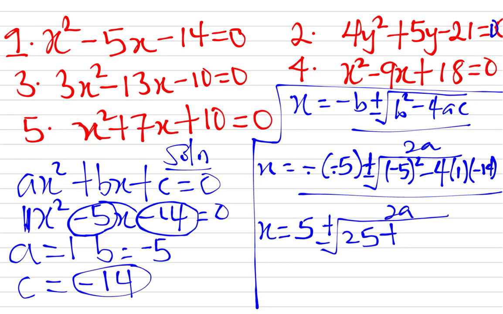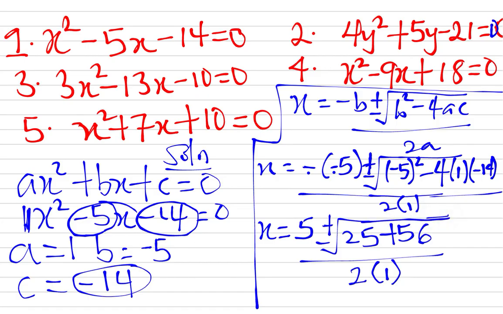Then 4 times 14 will give you 56. All over 2a. Sorry, our a is 1 now, so this is 2 into bracket 1. I should have put it here too. Our a is 1, so I'm going to have 2 into bracket 1 here. So now we are good to go.